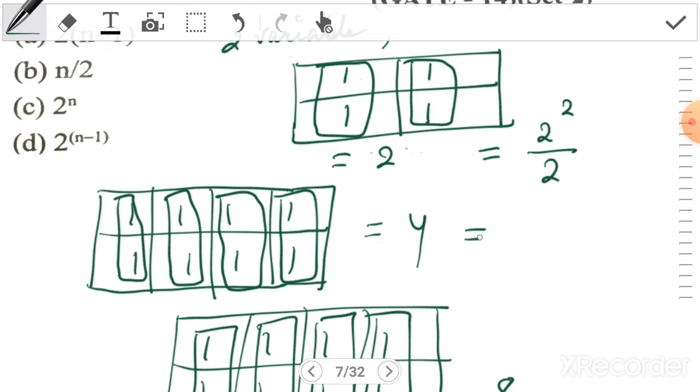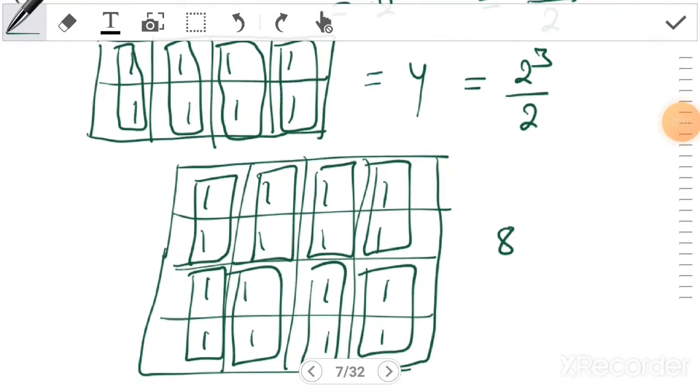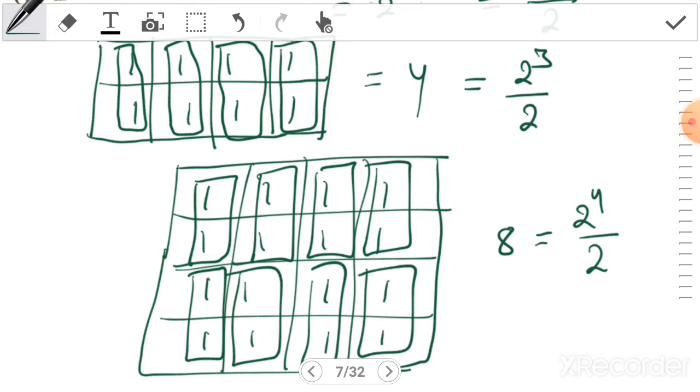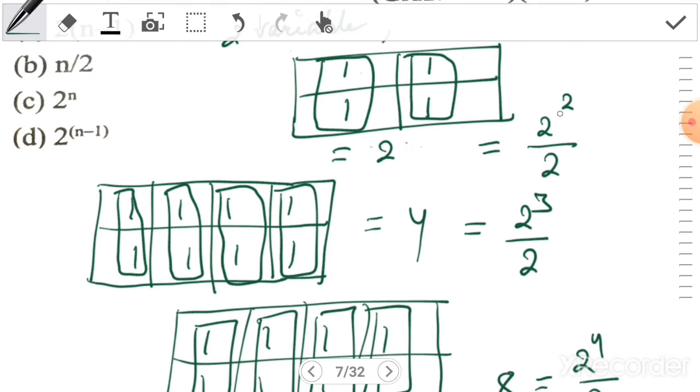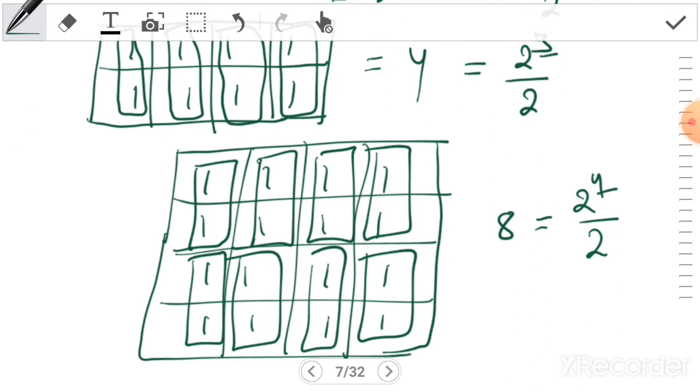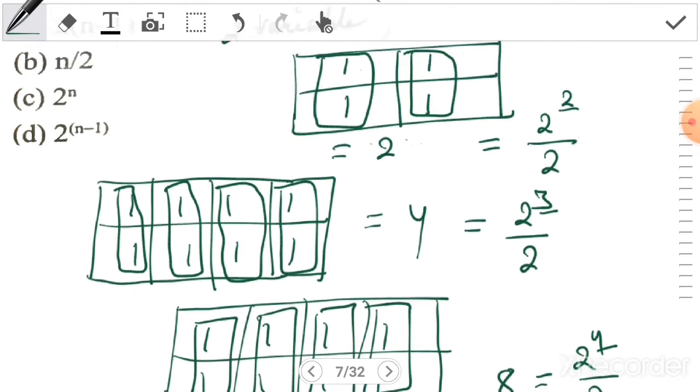You can write 4 as 2 power 3 by 2 again. And for 8, you can write this as 2 power 4 by 2, where these powers are the number of variables.